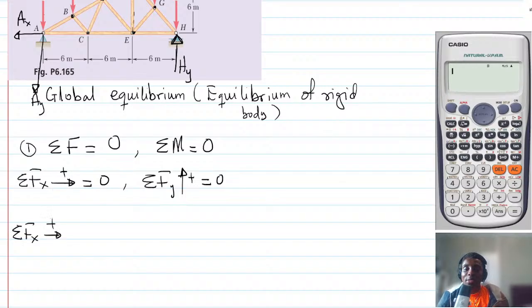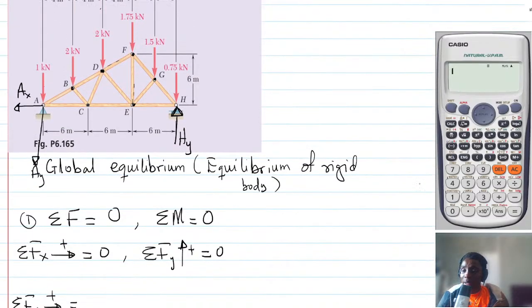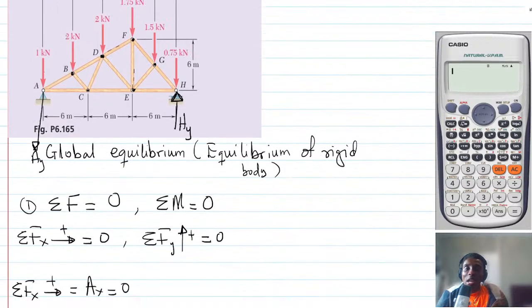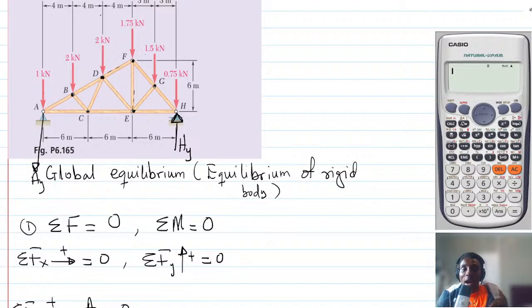Do you see any force along the X? The answer is yes, and that's AX. But it is only AX, so AX is 0. It makes sense because the loads have been applied all along the Y. So interestingly, there is no force in the X.